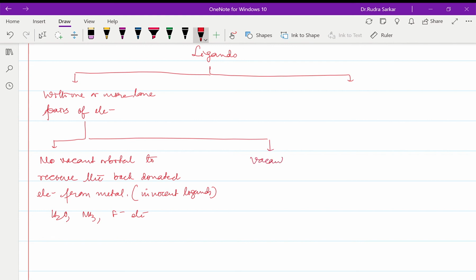Vacant orbital that can be used to receive back donated pi electrons from the low oxidation state metal.